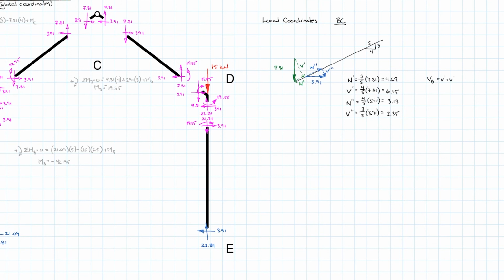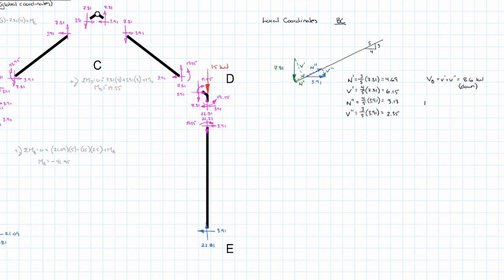V prime plus V double prime is going to be equal to 8.6 kilonewtons, of course, and that's down and to the right. I'll just put it as down because that's down in the local coordinate system.